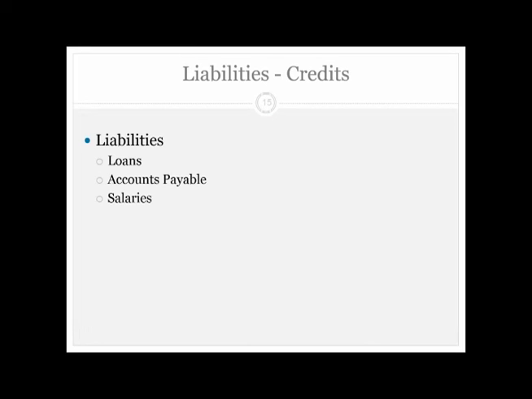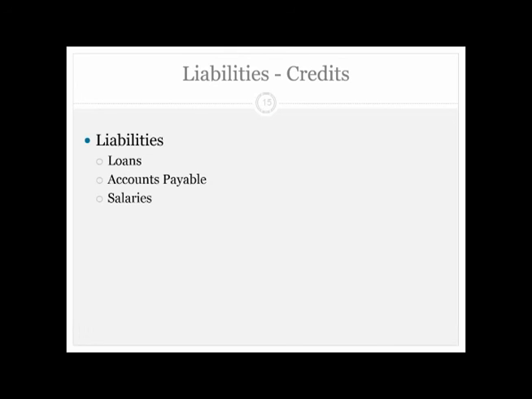Again, our liabilities consist of short-term and long-term liabilities. Loans are typically long-term liabilities, which will be owed over a period of time greater than a year. Your accounts payable are current liabilities, which we hope to have paid within a year.